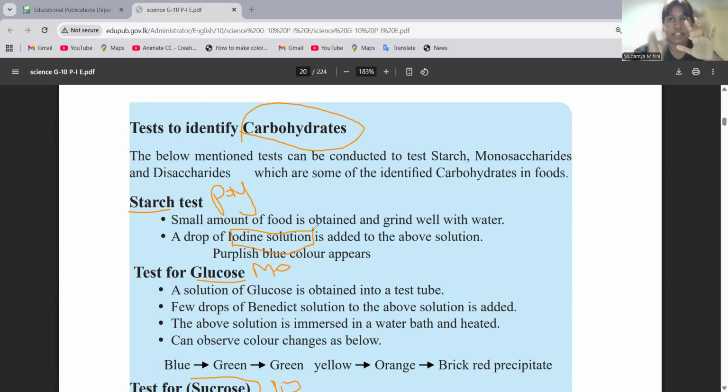This iodine solution is a brownish color, and then this color turns into purplish blue when you add iodine solution to starch.